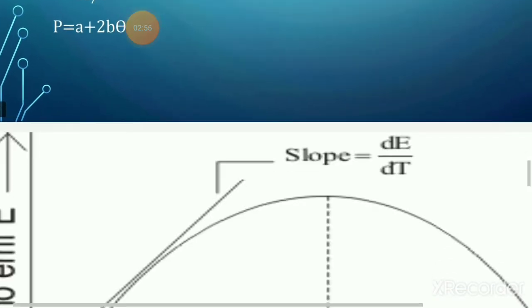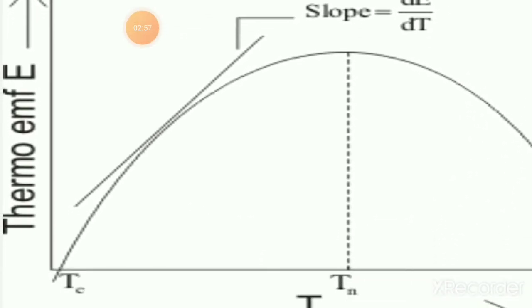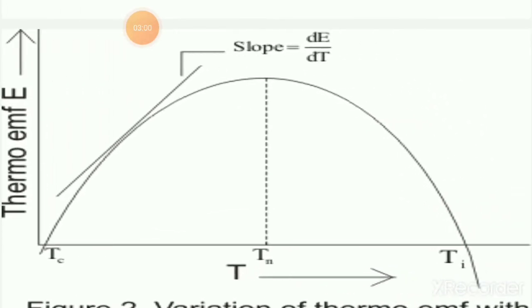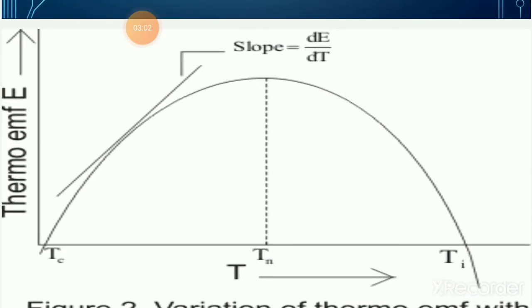Now plot a graph of thermoelectric EMF versus temperature. We get a parabolic curve. As we increase the temperature, the EMF gradually increases. When we reach a particular temperature, the EMF shows a maximum. If we increase the temperature again, the EMF gradually decreases.